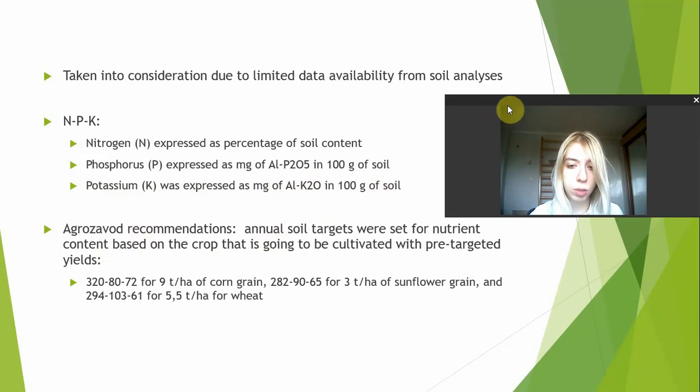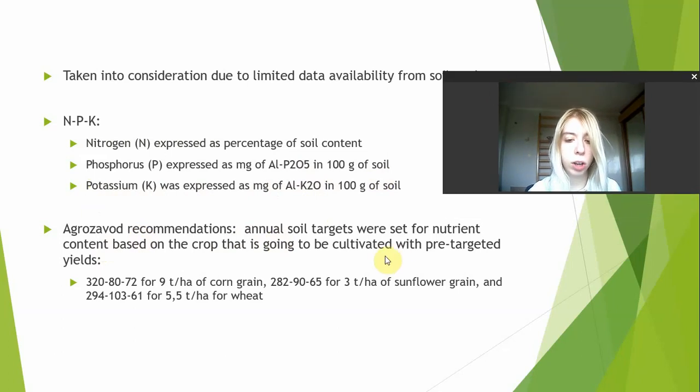AgroZavod recommendations are used, so annual soil targets were set for nutrient content based on the crop that is going to be calculated with pre-targeted yields. So basically, we are developing a tool where you, as a user, decide how much of the product you want to have in tons per hectare, and you give the data regarding your soil to the application, to the tool.